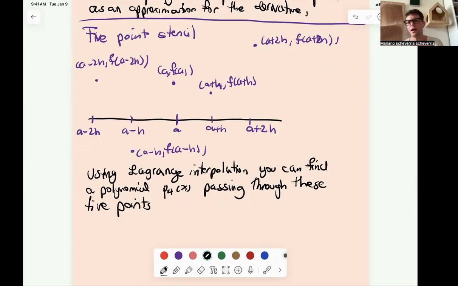Okay. If you're willing to spend some time doing the algebra, it's an interesting thing to work out. It's just a little bit too tedious.